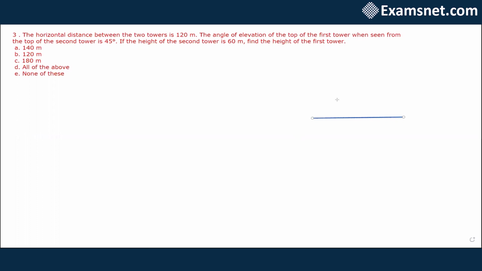Here are the two towers. The angle of elevation of the top of the first tower when seen from the top of the second tower is 45°. So the first tower is larger.